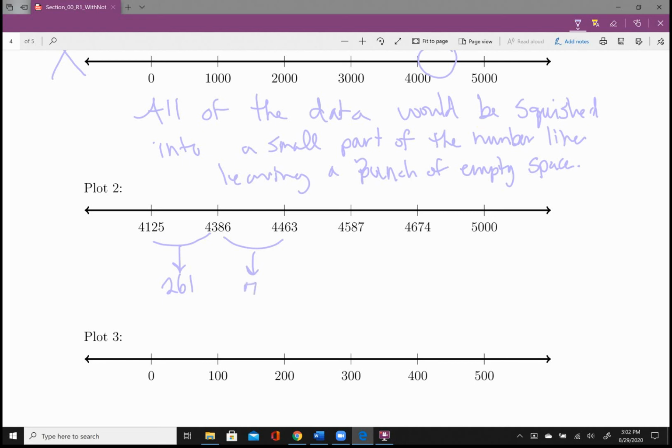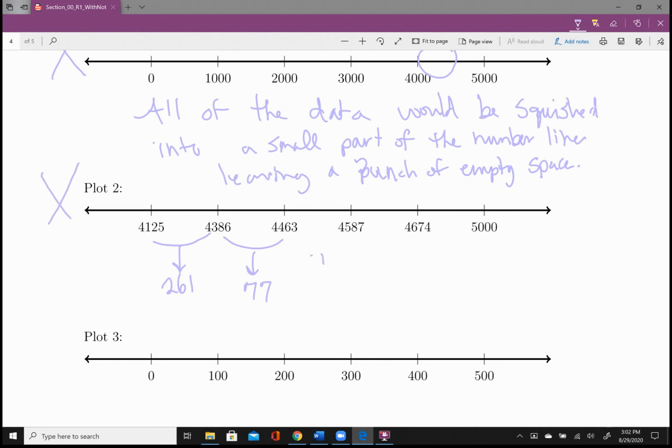That's a difference of 77. Yikes. So right off the bat, just finding the differences between these two different sets of tick marks, we notice that the differences between them are not equal. So that's enough to say, plot 2, you're bogus.